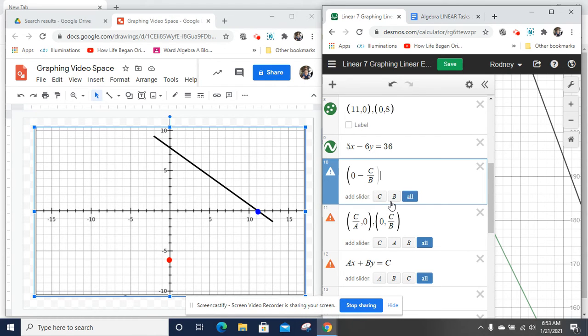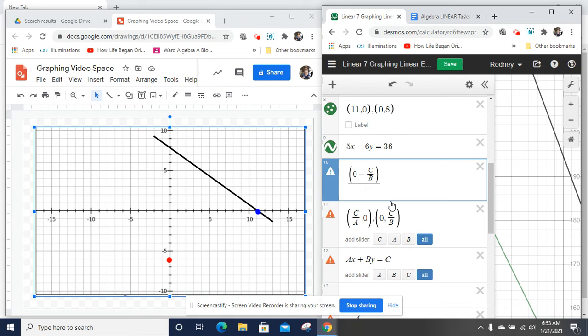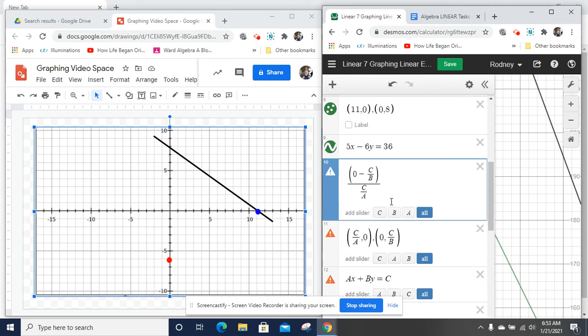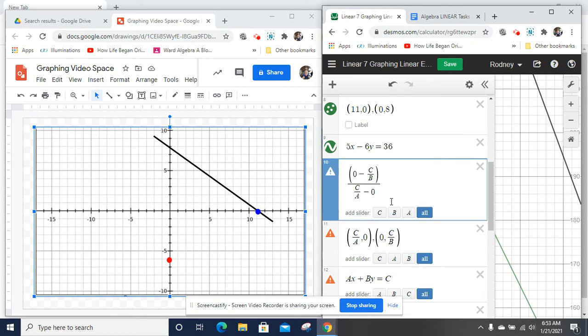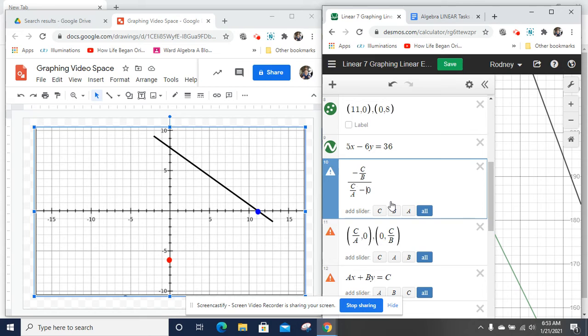And that's going to be over change of x, which would be c over a minus 0. And we can simplify that to -c over b over c over a. And if you remember, fraction bars are division. So -c over b over c over a means keep, change, flip.